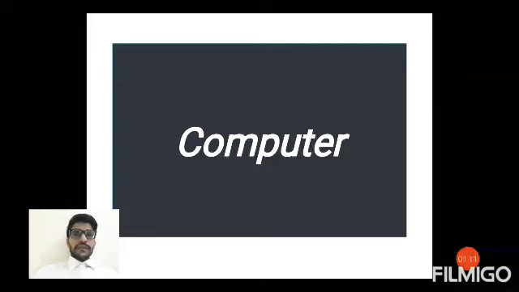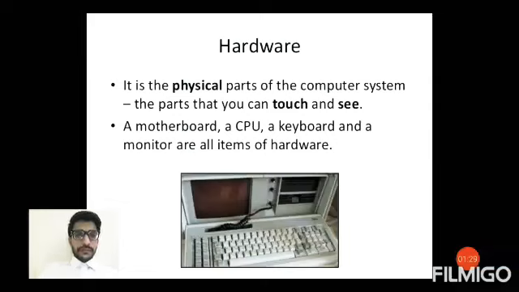There are several components of a computer. They are needed to make a computer system work. These components are people, procedure, hardware, software, data and communication. Hardware is the physical parts of a computer system, the parts that you can touch and see.